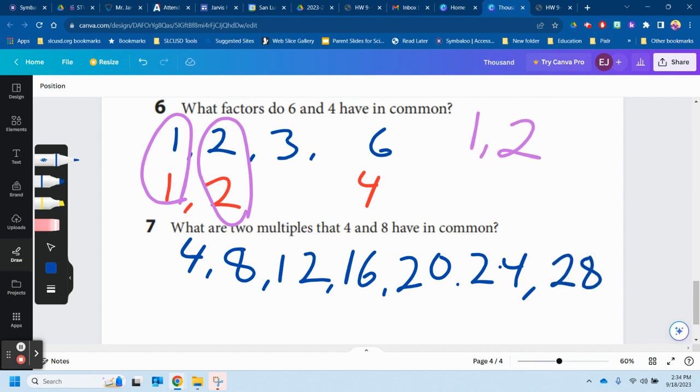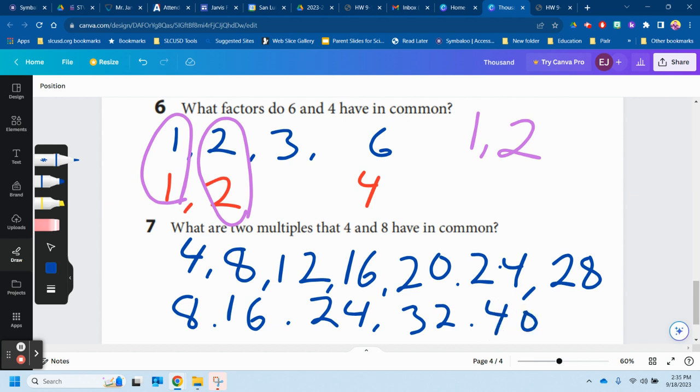So let's go by 8s here. So we have 8, 16, 24, 32, and 40.